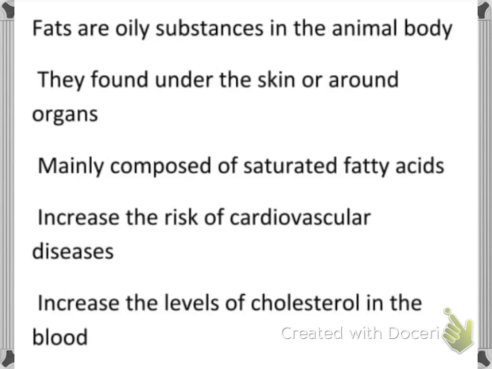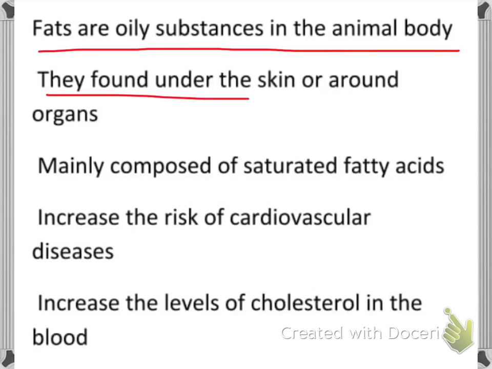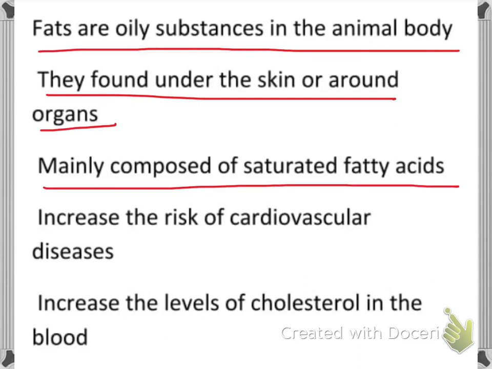First of all, I would like to explain about fats. Fats are oily substances in the animal body. They are found under the skin or around organs. They are mainly composed of saturated fatty acids.